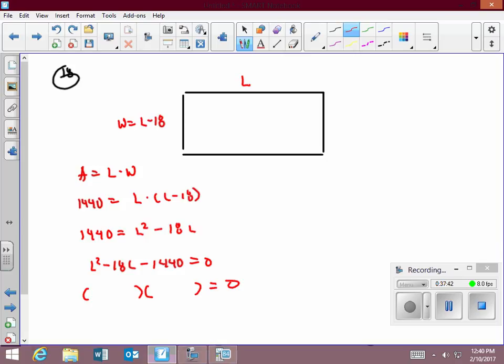And then by trial and error. There's gotta be an easier way than trial and error. Well, you can use the quadratic formula if you want, or you can use completing the square. But it's 48 times 30. You're trying to find the x-intercepts, where y is 0. So this is L minus 48, L plus 30.